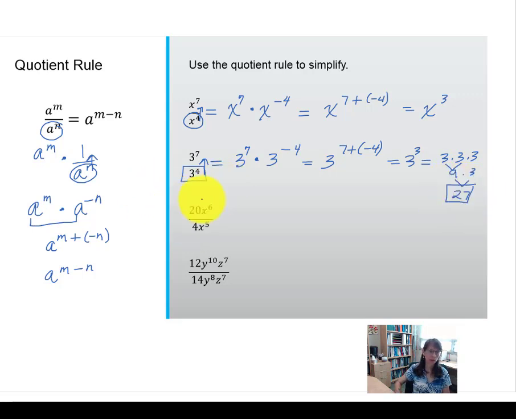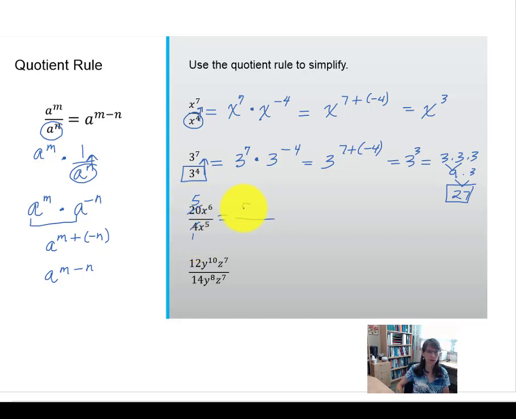Now the next two examples are just a little more involved because we have different bases here for the numerical portion. So think of this as 20/4. If you can reduce the fraction, then go ahead and reduce the fraction. So I know that 20 is divisible by 4, and so is 4. So if I reduce, I'll have 5/1.